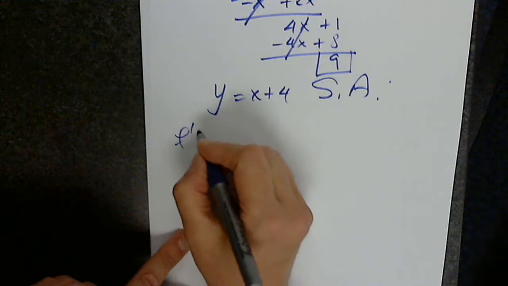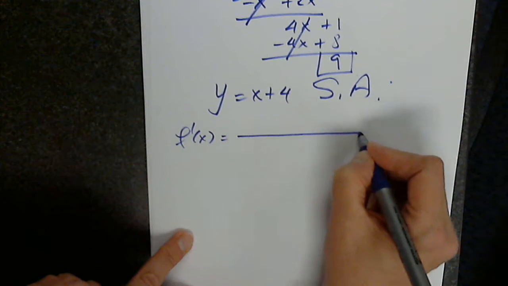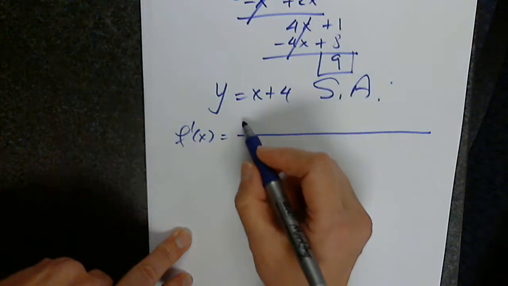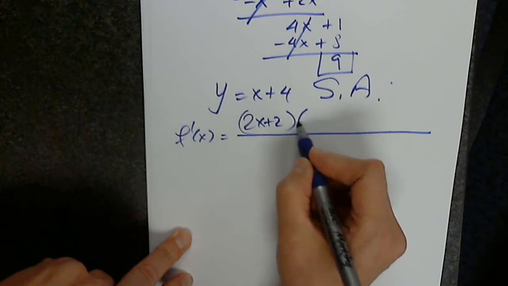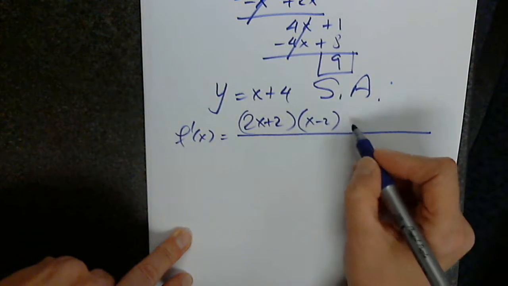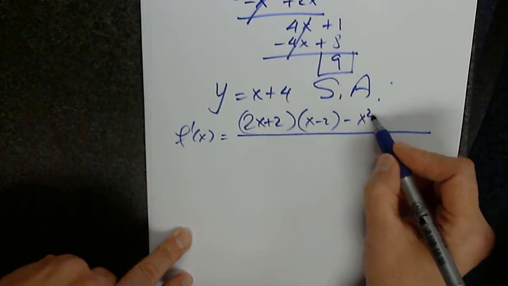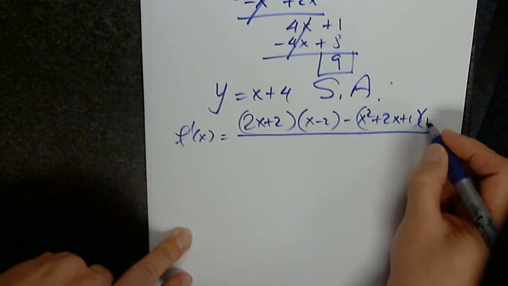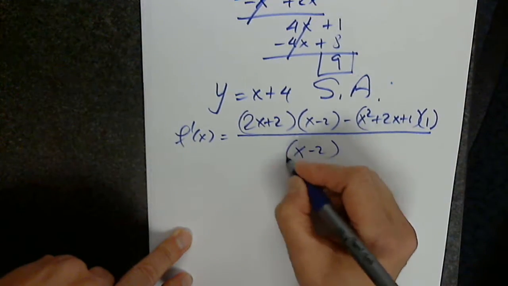So f prime. The top prime, 2x plus 2, times the denominator, minus the top, times the denominator prime, over x minus 2 squared.